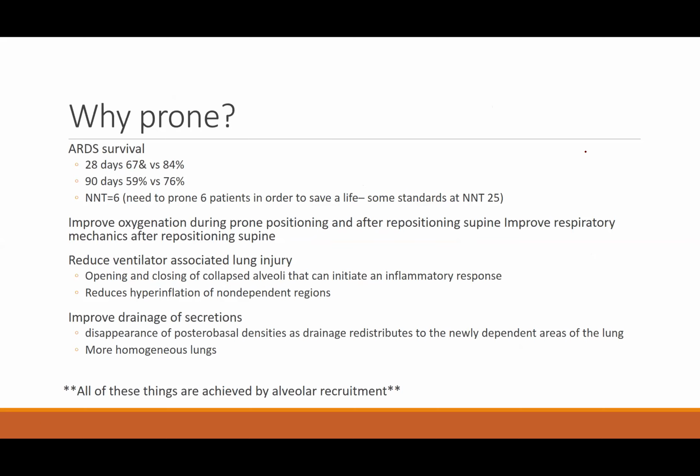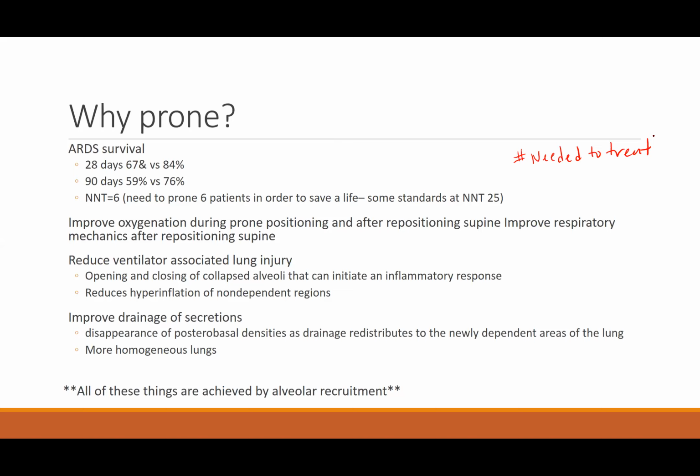The thing that blows my mind is the NNT for proning. NNT stands for number needed to treat in order to save a life. So the number needed to treat to save a life in prone therapy is 6.